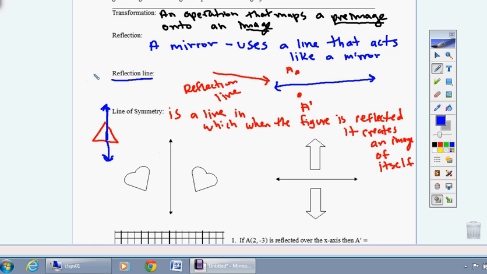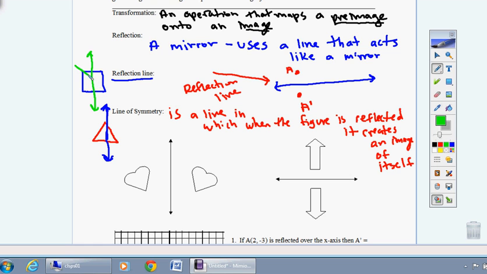Okay, let's try this again. Let me try to attempt to draw a square up here. If I were to ask you how many lines of symmetry this square has, well, there'd be one right here, because these two halves are identical.